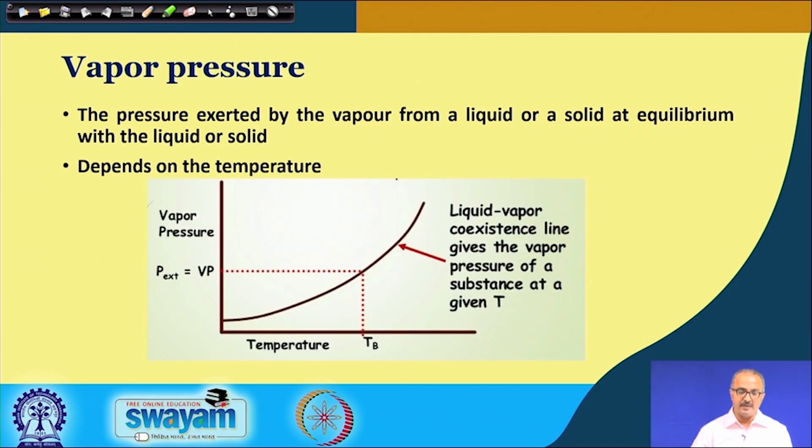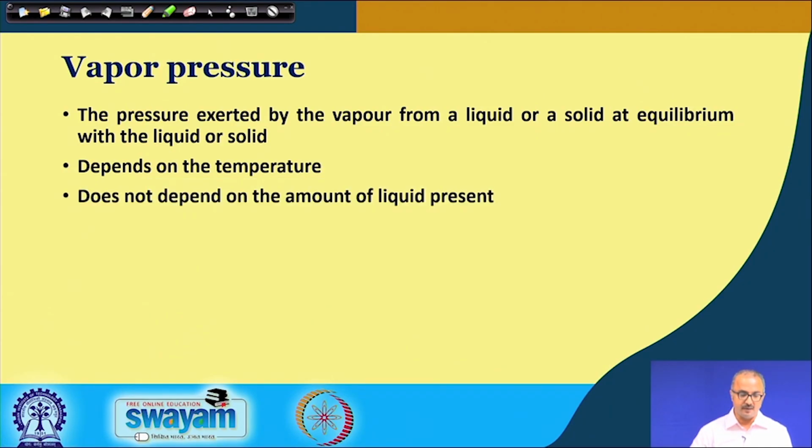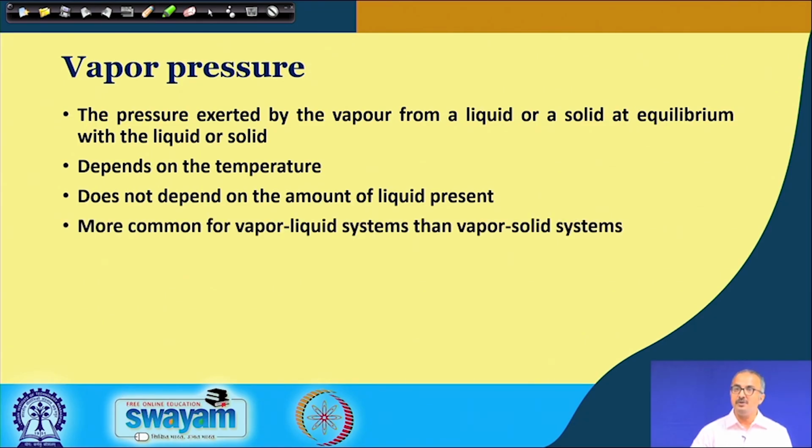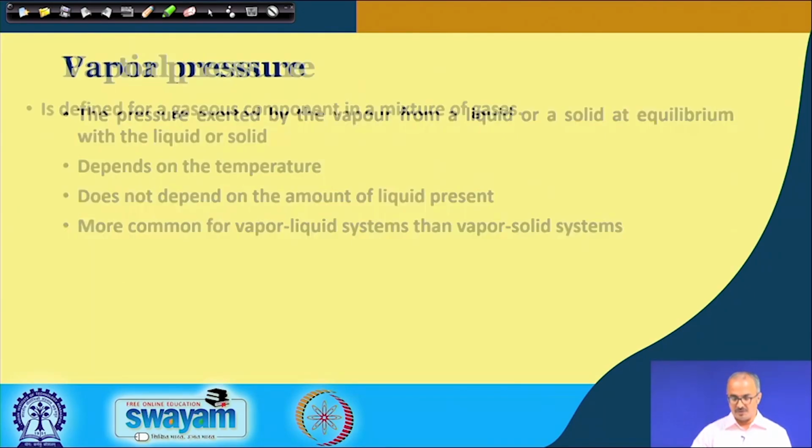So we find that this kind of figure is obtained to see the variation of the vapor pressure with the temperature. It does not depend on the amount of liquid, whether you have a small amount or a large amount, the vapor pressure is not going to change as long as the temperature remains constant. It is more commonly used for the vapor-liquid system than for solid-vapor, because liquids can evaporate much more easily than solids.